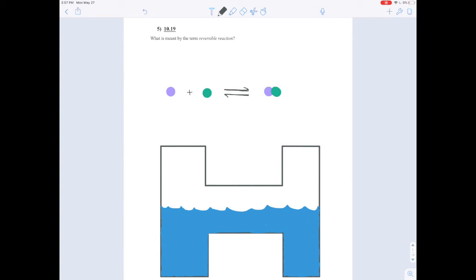A reaction in which both a forward reaction and a reverse reaction are happening at the same time is called a reversible reaction.